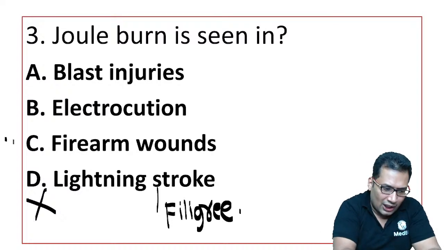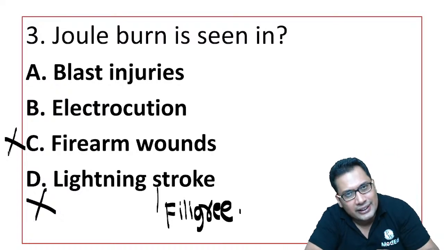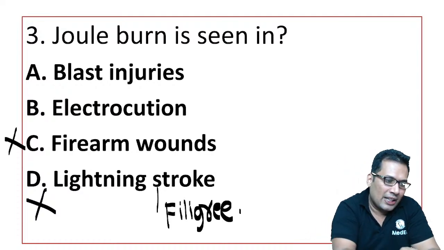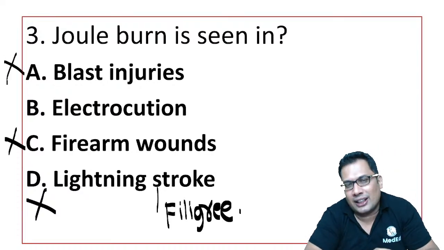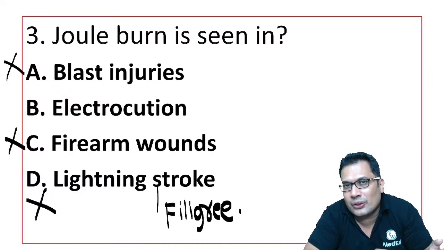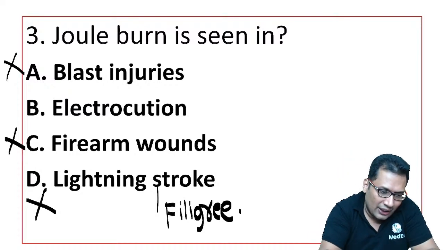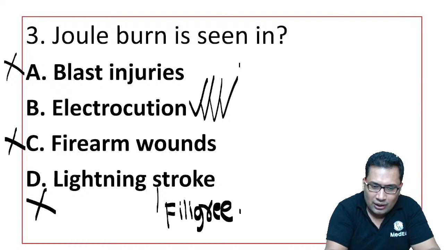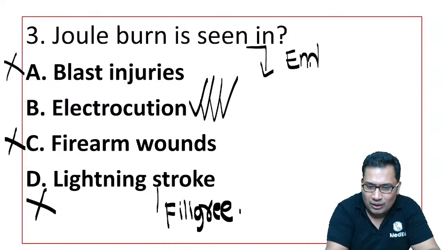In firearm, you will see singeing of the hair, not the joule burn. In blast injury, we see primary, secondary, tertiary, quaternary blast injuries. No, the answer is electrocution. In electrocution, you will see joule burn, also known as endogenous burn.